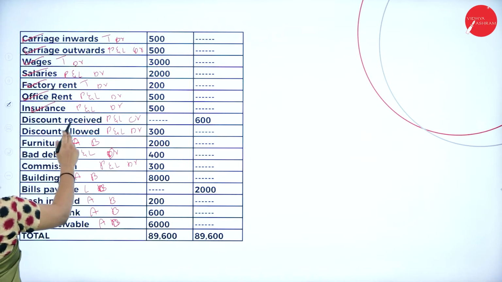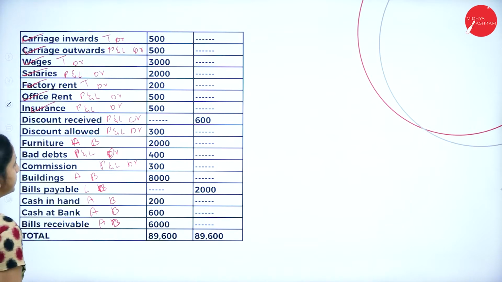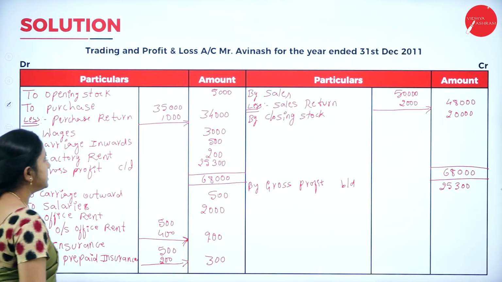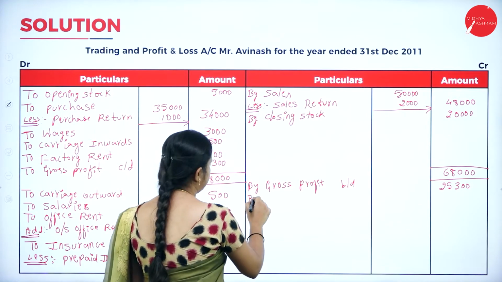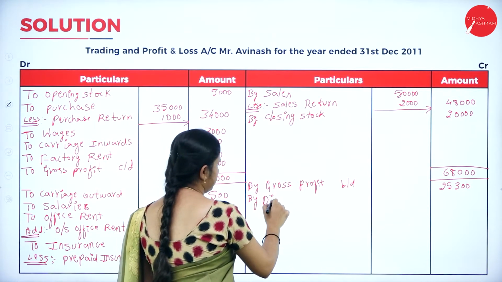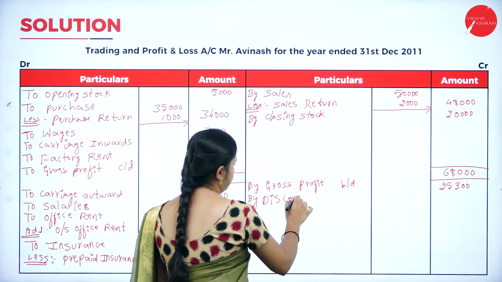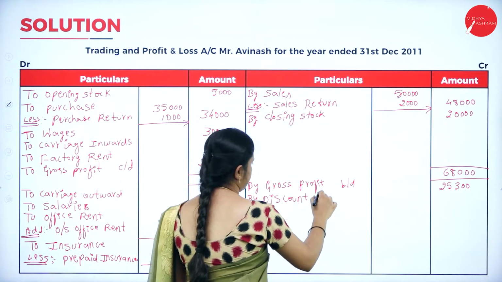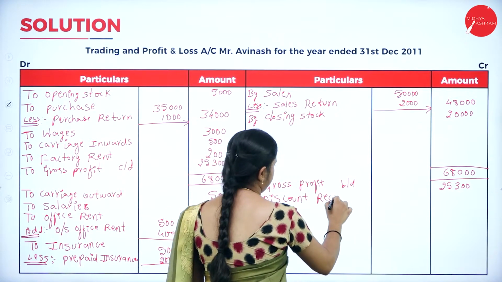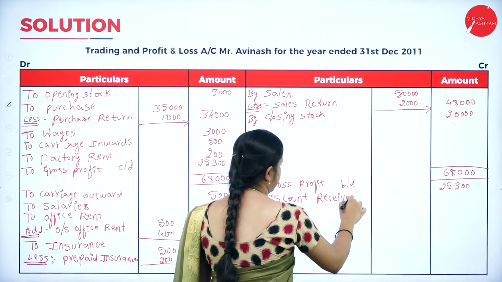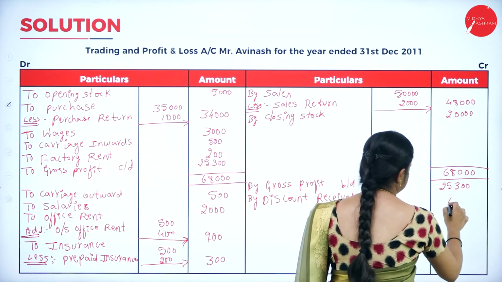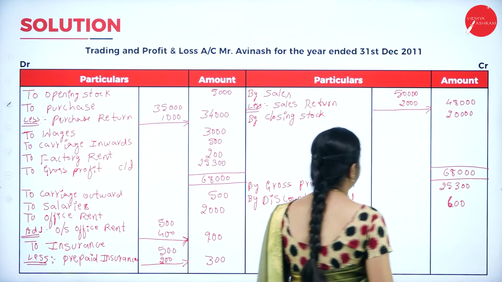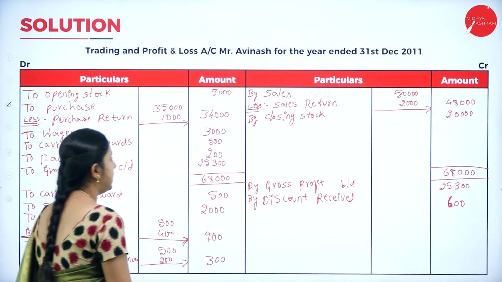Then discount received 600. Discount received is credit side. So write by discount received 600.